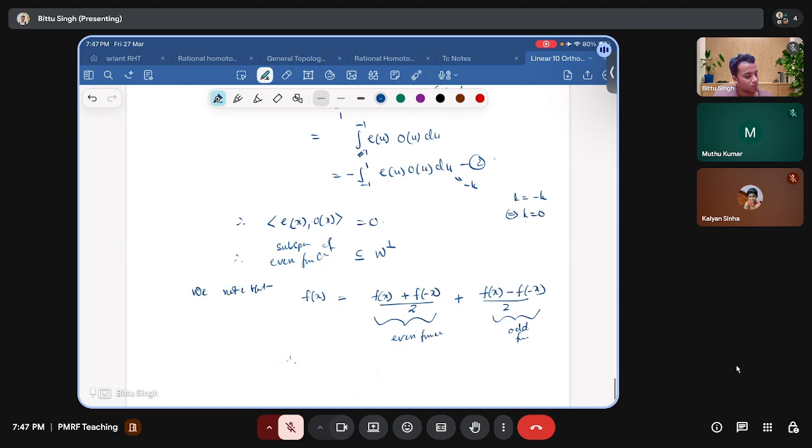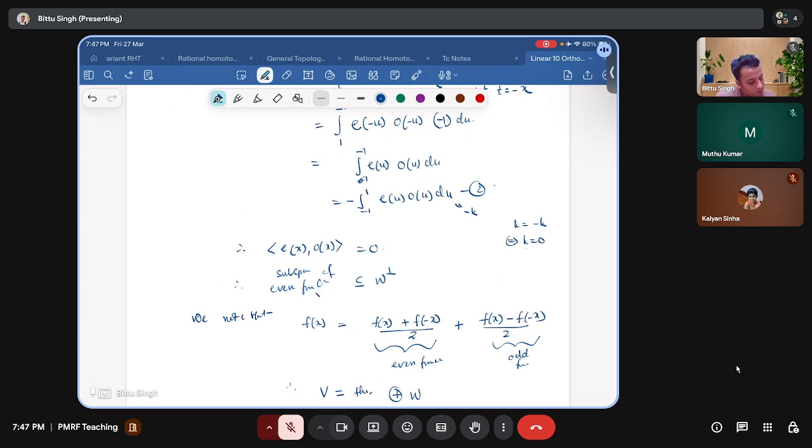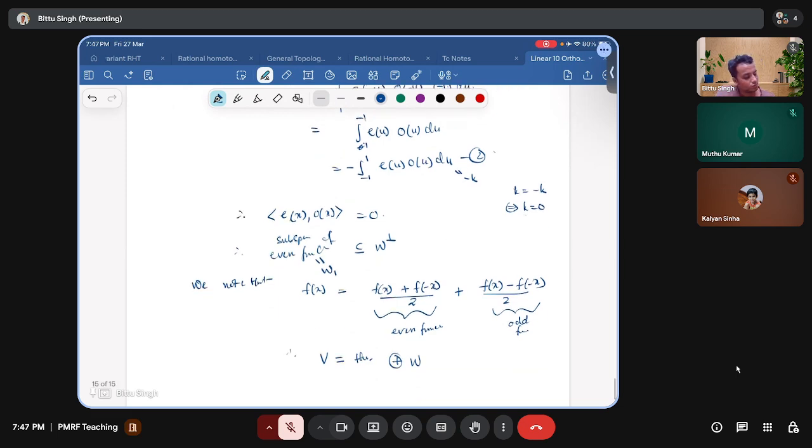Therefore, the conclusion is that vector space V is the direct sum of W, the set of all odd functions, plus the subspace of even functions, let me denote it by W_E.